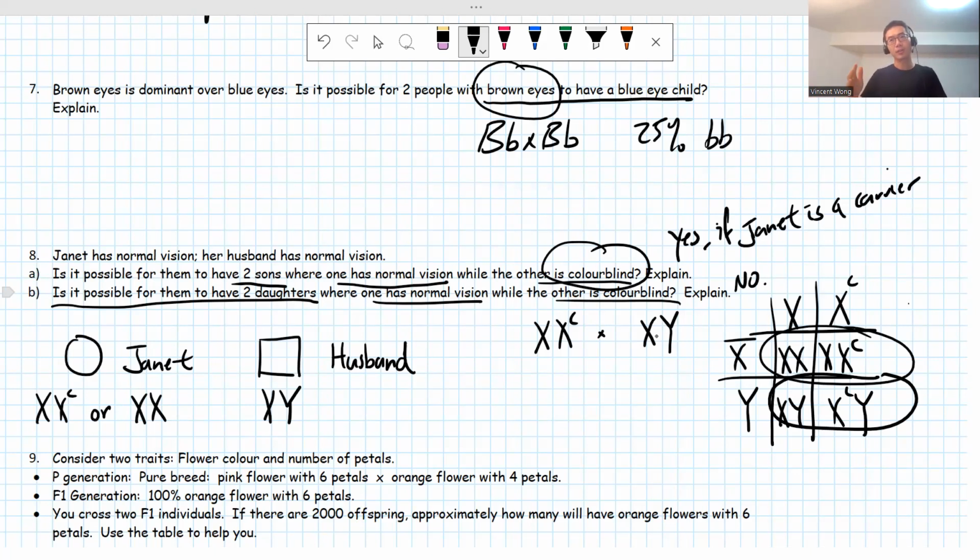Because for the father to have a daughter, the father needs to pass on the X, and if the father does not have colorblindness, he would have passed on the normal X, which would cover up any X^C that might be coming from the mother. So, things to think about.